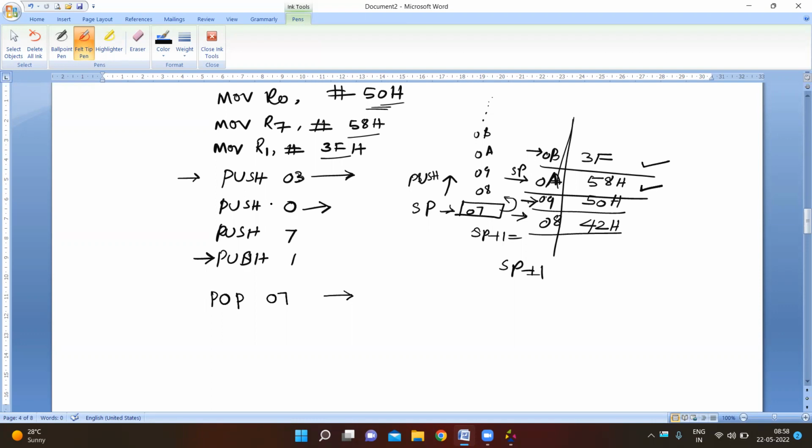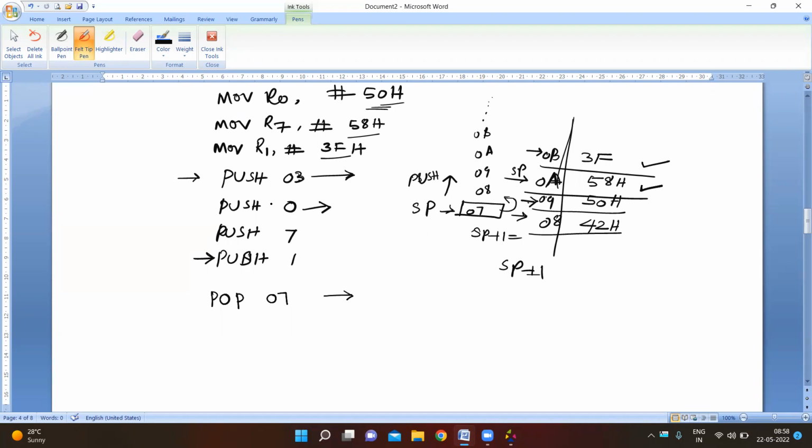Now while executing the pop 07 instruction, first it retrieves the data from the stack and then the stack pointer is decremented by 1. Once again I am repeating, while executing the pop instruction, first it retrieves the data from the stack and pops the data into the address which is mentioned in the instruction itself. 07 means 07.